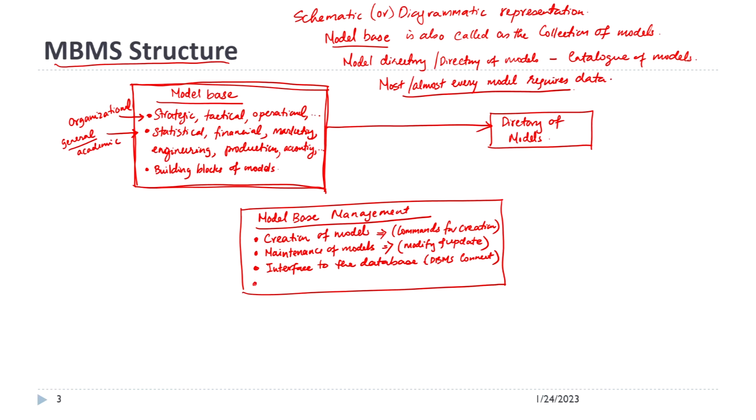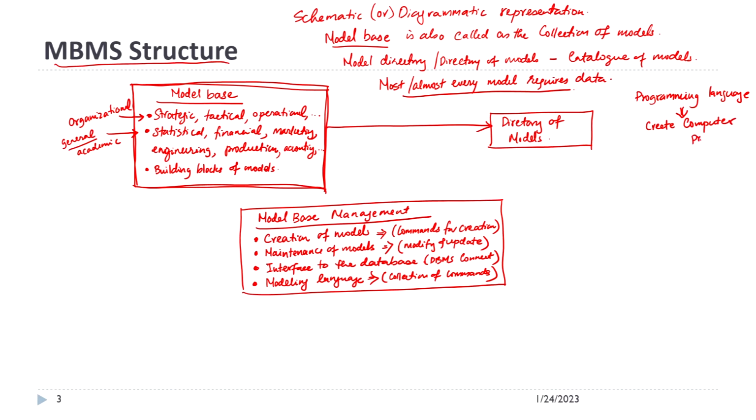And then the last part of it is the modeling language, a collection of commands. Just like you have a programming language, this is a modeling language because it allows for creation of models. A programming language creates computer programs.